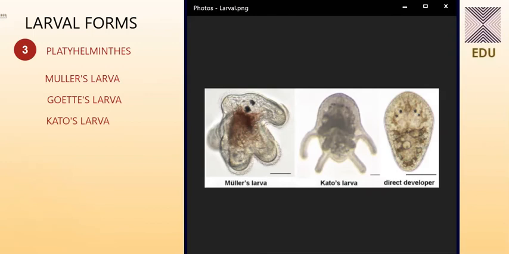So this is a dorsoventrally flattened 12-eyed larval form which is present in the Polycladida group of the Platyhelminthes. And one thing is worth mentioning, that the Cato's larva is also present in the Acotylia group, as was the Goethe's larva.